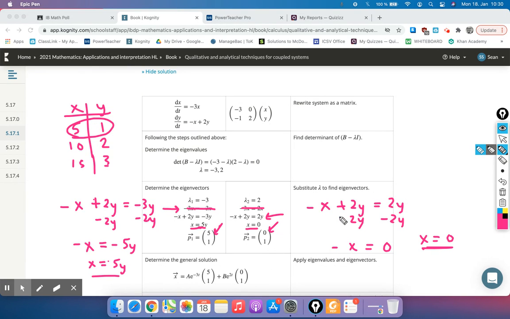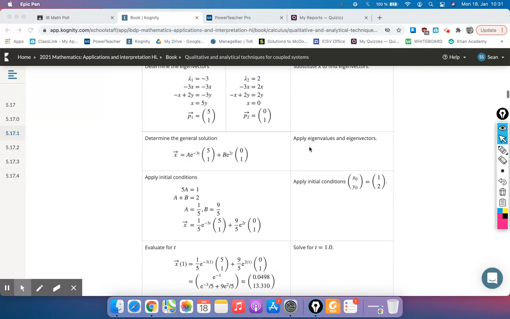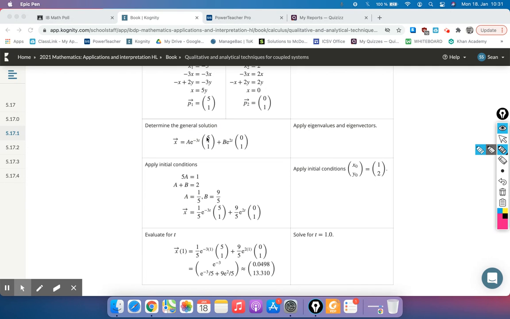So then the next step is to apply the eigenvalues and eigenvectors into the formula. Again, the formula is given in your formula booklet.